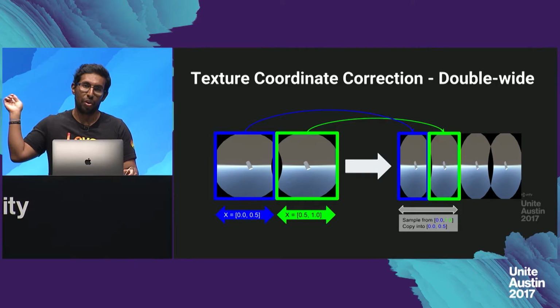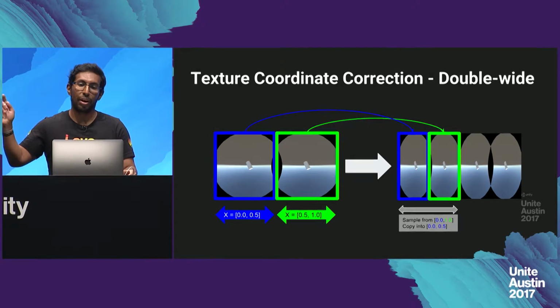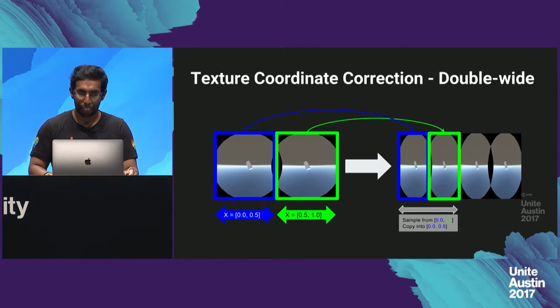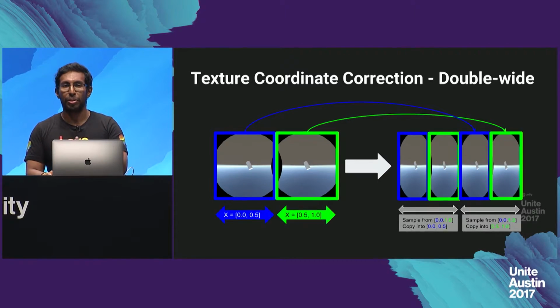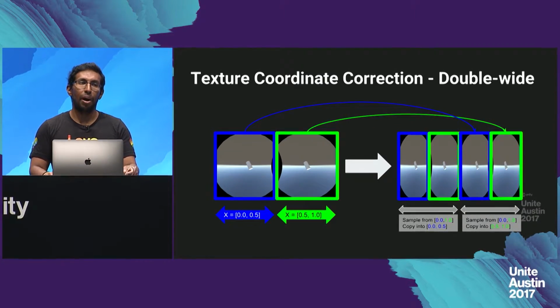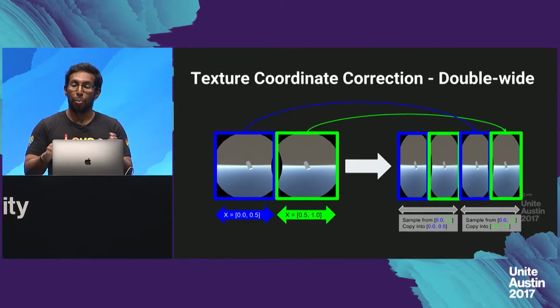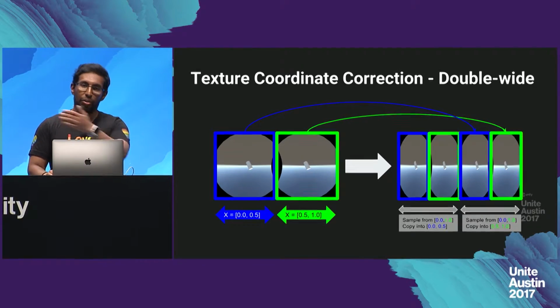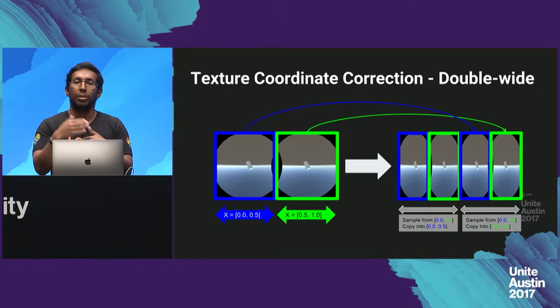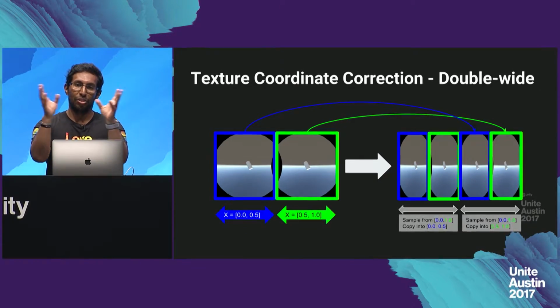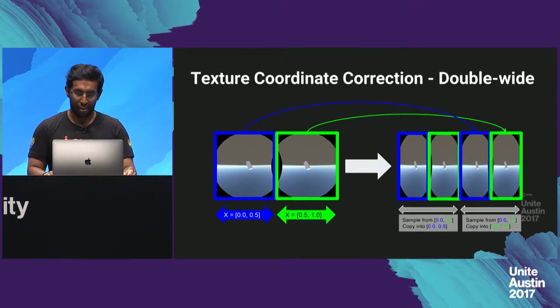I have this little color coding, so you can see blue is left, green is right, and the sample range is going from 0 to 1, but the copy range is 0 to 0.5. And then the same thing happens for the right eye. So instead of copying just the left and right, for both, we're doing a double copy. This produces this artifact. And if you have multiple post-process effects with the same artifact, it turns into this crazy hall of mirrors.